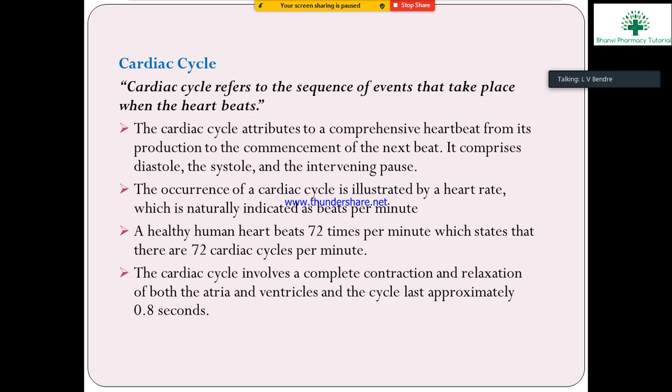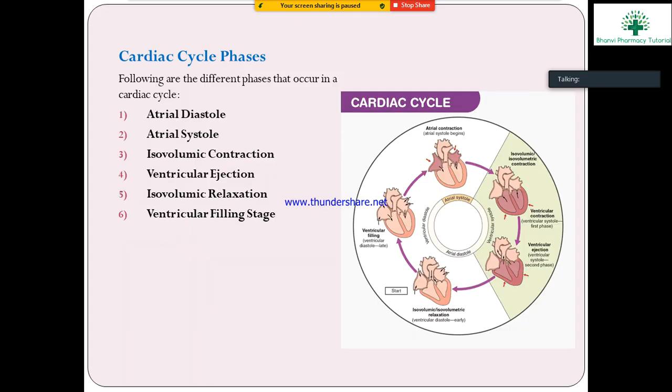The cardiac cycle involves a complete contraction and relaxation, where contraction means systole and relaxation means diastole, of both atria and ventricles. The cycle lasts approximately 0.8 seconds per cycle.